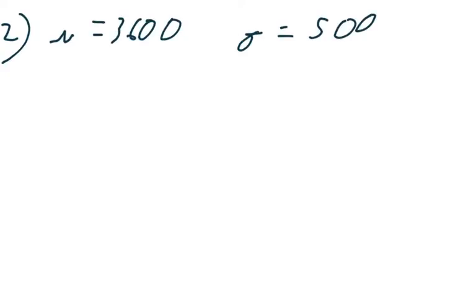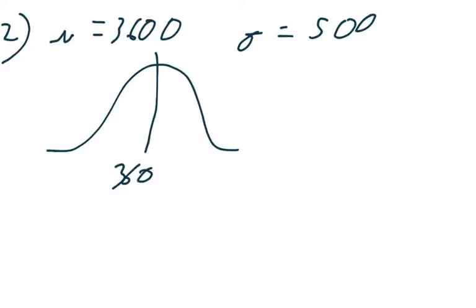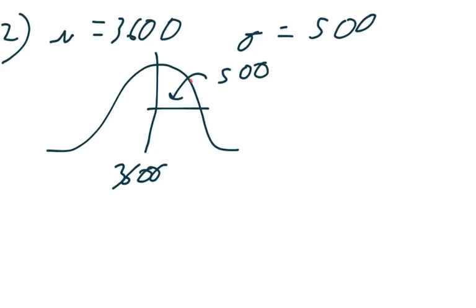For problem number 2, it says the total sales has a mean of 3,600 and a standard deviation of 500. And it's normally distributed. And we are looking for S is bigger than 4,000. So about right here would be 4,000.